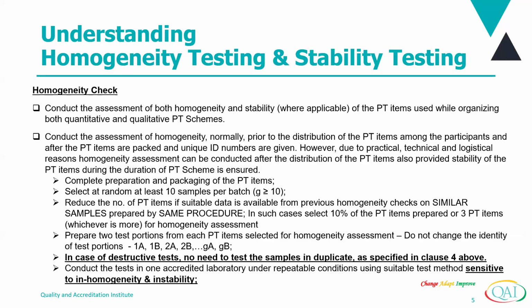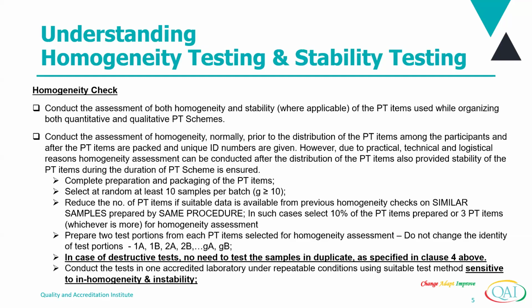Second, conduct the assessment of homogeneity normally prior to the distribution of the PT items among the participants, after the PT items are packed and unique item numbers are given. So we have to randomly select the material, as we discussed earlier.